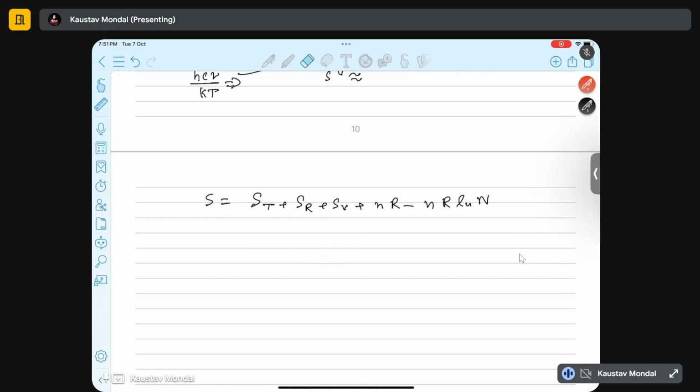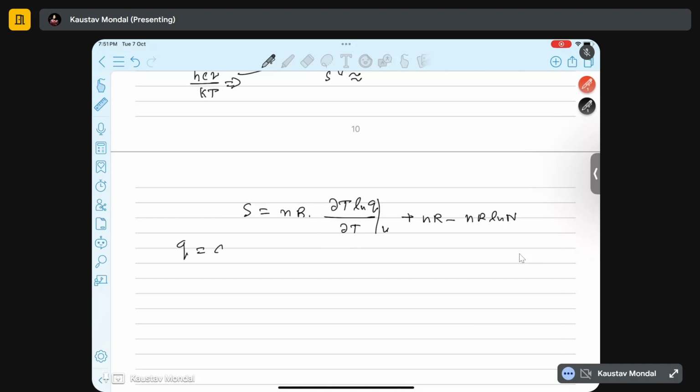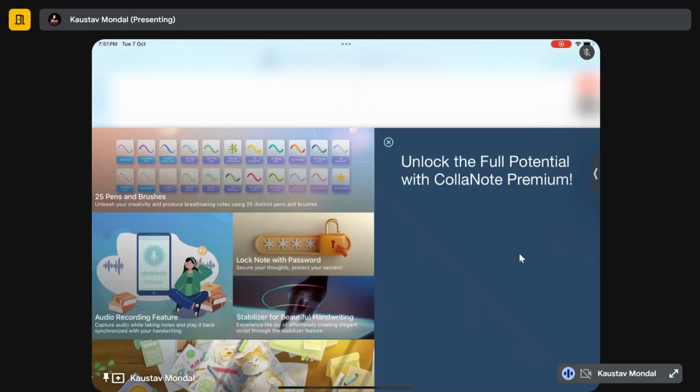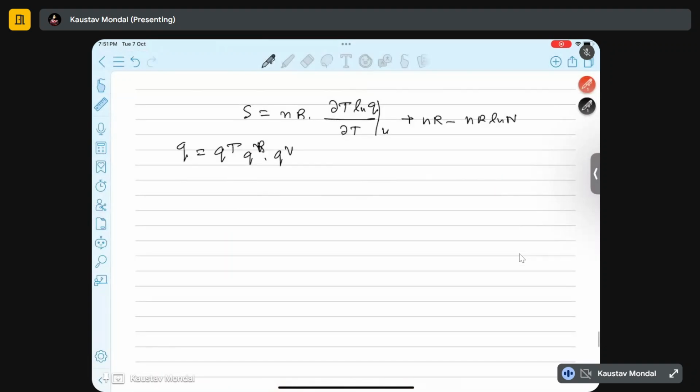So the whole thing at first the equation looks like this: S equal to NR into del T of ln q by del T at constant volume plus NR minus NR into ln N. Now from here, you can write q as translation, rotation and vibration; multiplication of all these three partition functions gives you the total partition function.